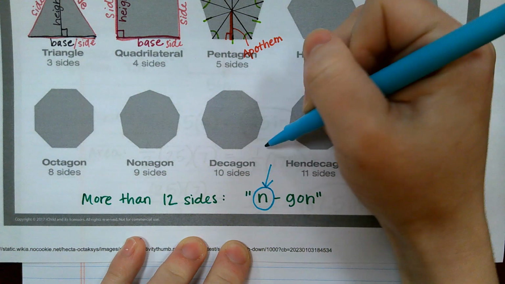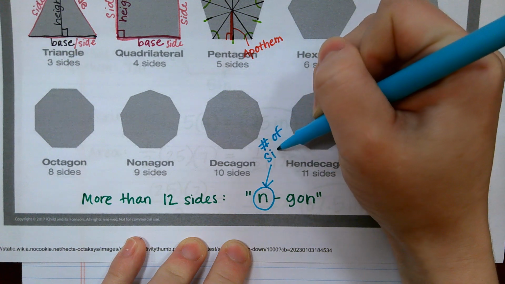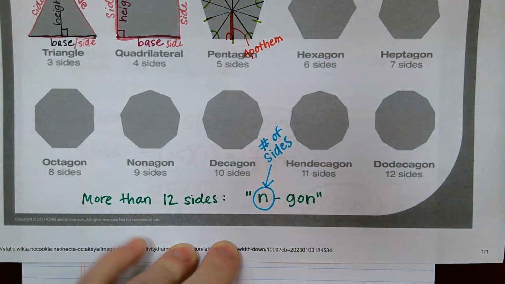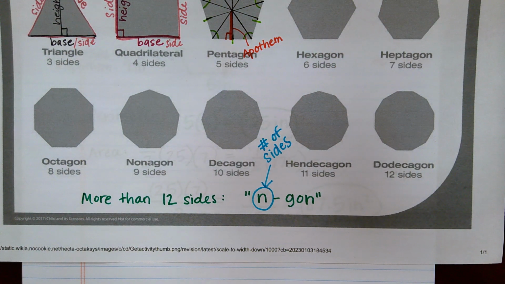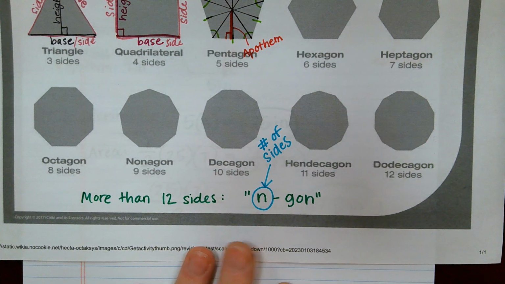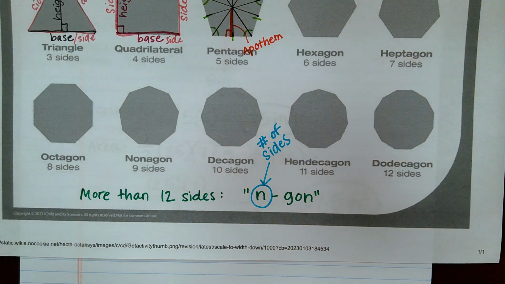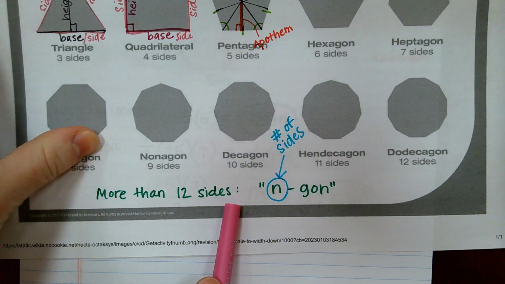N is going to stand for the number of sides. So if I had a 13-sided shape, it would be called a 13-gon. A 14-sided shape would be a 14-gon. I think that might just make everyone's lives easier if we just did it that way. But it is what it is. So that's what we got here.